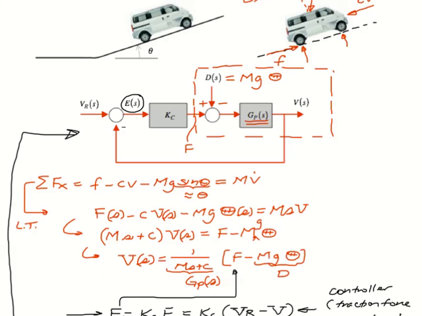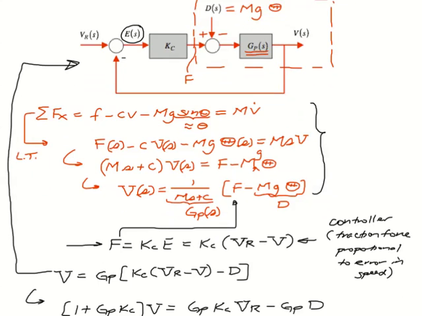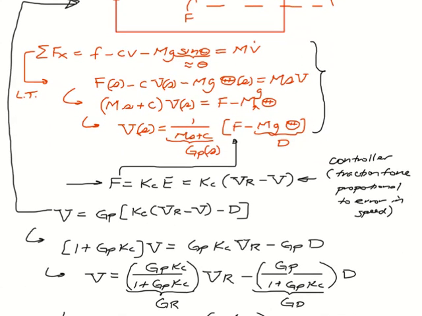So the idea here was to first come up with the block diagram for our plant with a disturbance. We define a controller. We're saying here it's a proportional control. The traction force to correct for the speed is going to be proportional to the difference in speed, what we want it to be and where it actually is. That's where we get this thing.